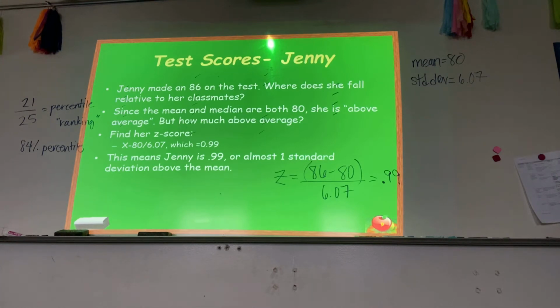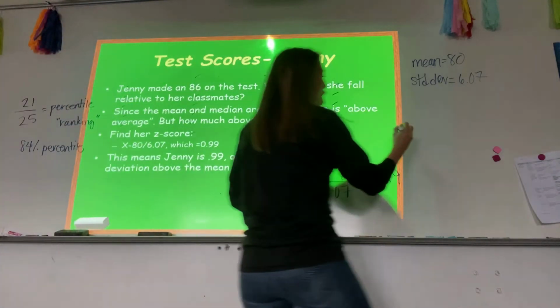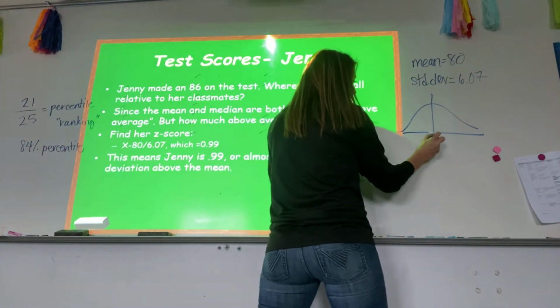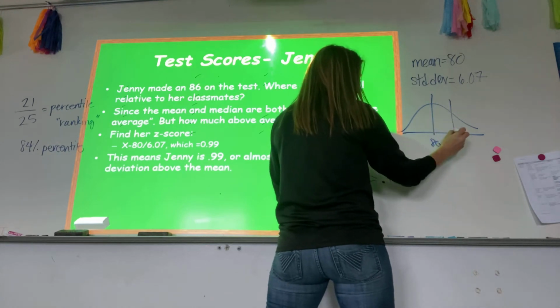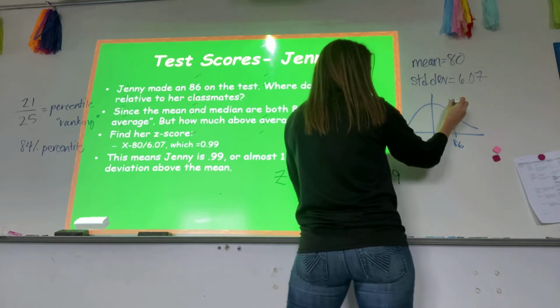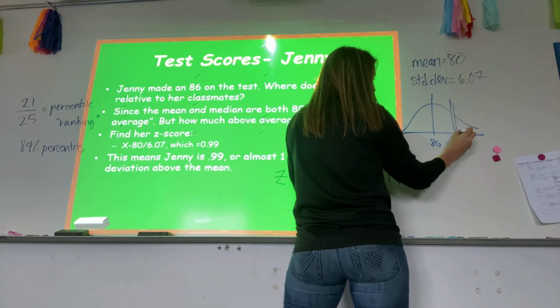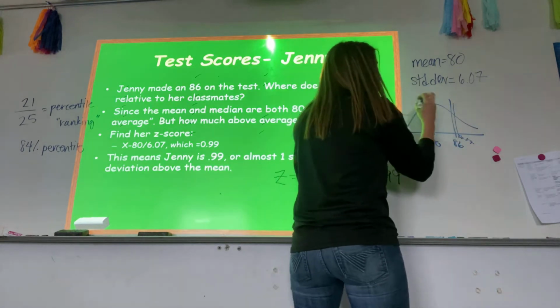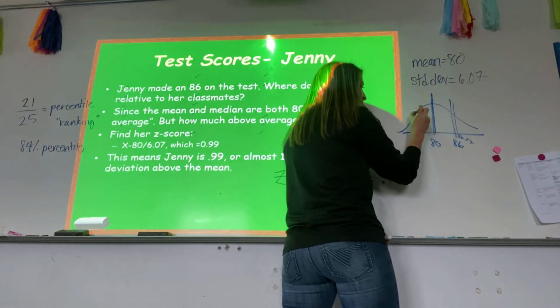Now, when I look at Jenny, I always love to look at a picture. When I look at Jenny, then I know that this is 80, and I know that she's at 86, and I know that if I were to count up one standard deviation, that one standard deviation is at 86.07, right? Now, do y'all see that this mean cuts it into 50%?